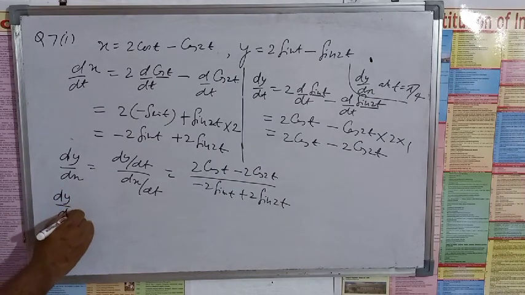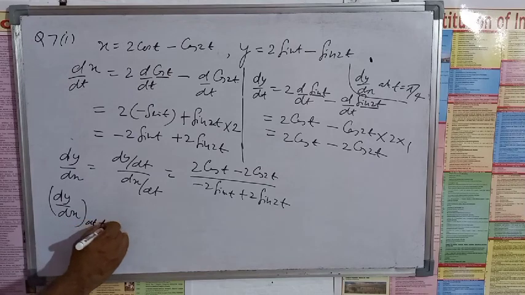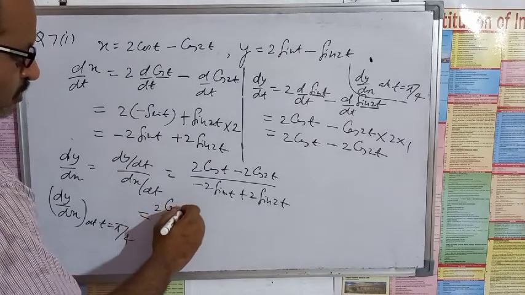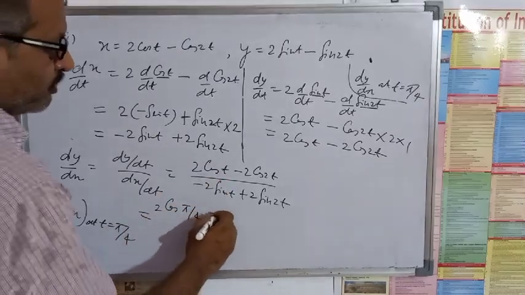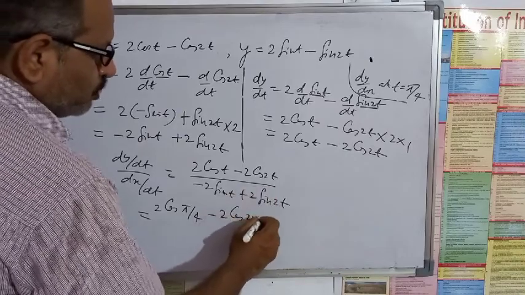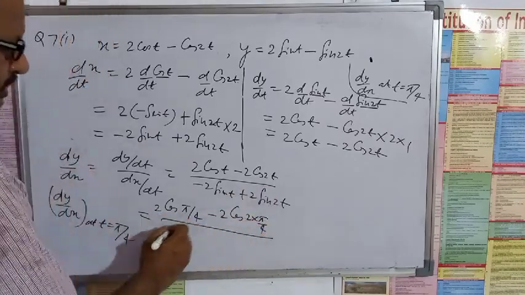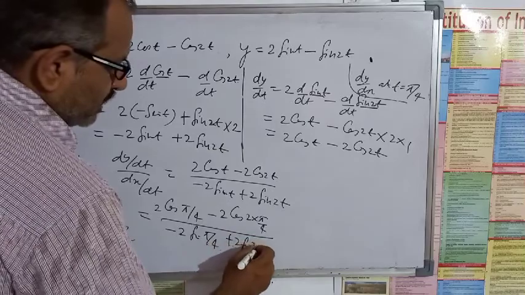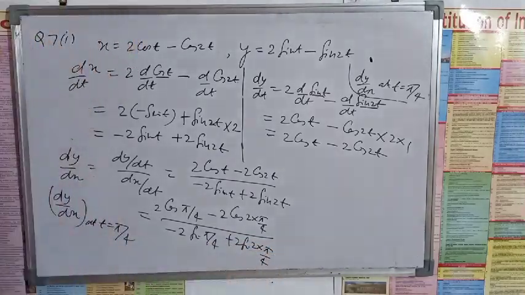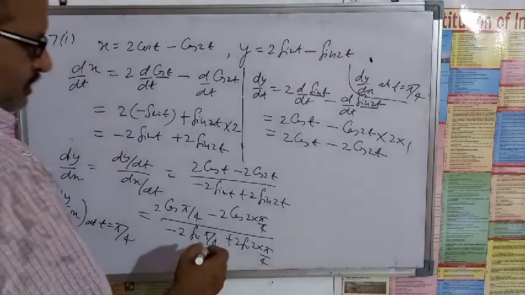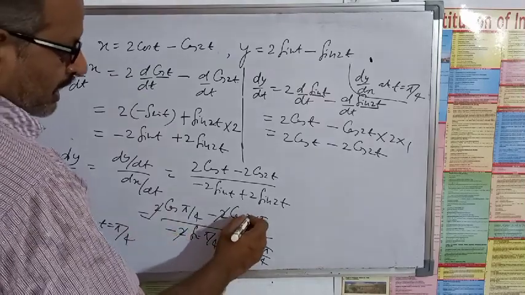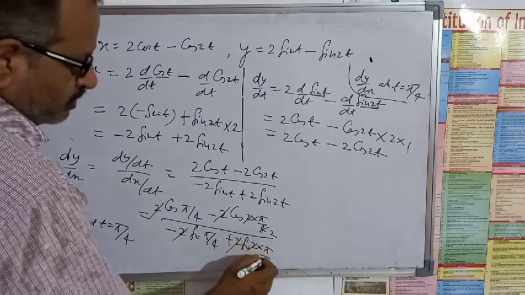So in place of t we put pi by 4: 2 cos pi by 4 minus 2 cos 2 into pi by 4, upon minus 2 sin pi by 4 plus 2 sin 2 into pi by 4. Taking 2 common, we can cancel it.